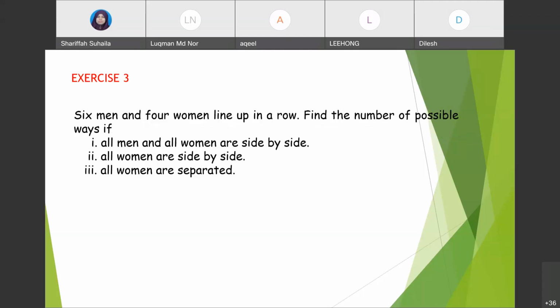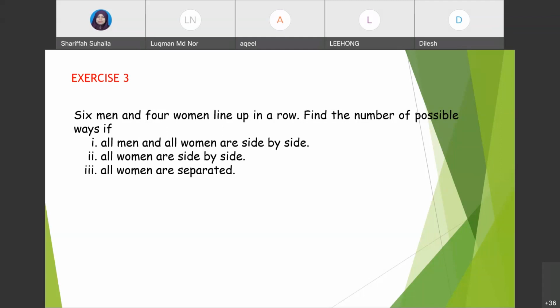And the last one, this one. Okay, last one, this one. You all can try first.